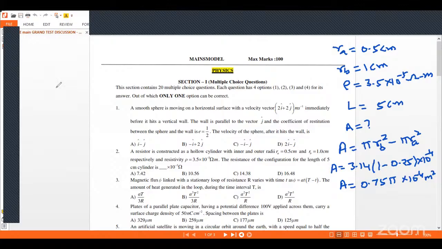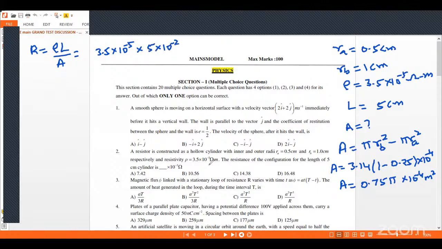Resistance R equals rho L by A. Substitute values. Rho is 3.5 into 10 power minus 5. Length is 5 centimeters, converted into meter.